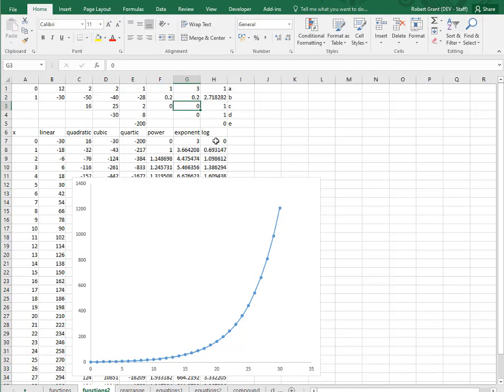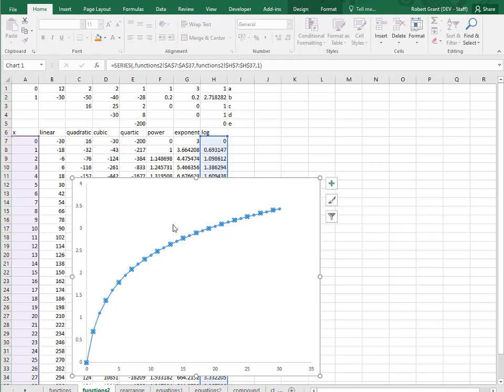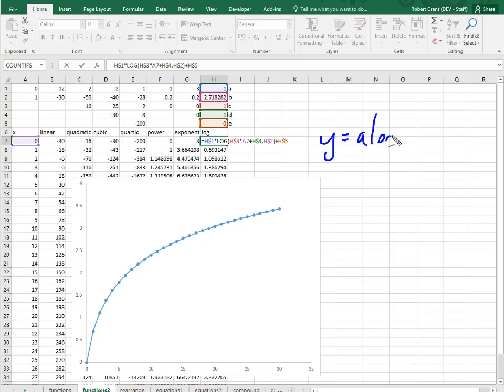And then finally the log, which is, as you know, flipped up this way. So similar to the power. In fact, you can see that we're starting at, so there's a multiplying factor, and so y is equal to a log, h2 is the base.